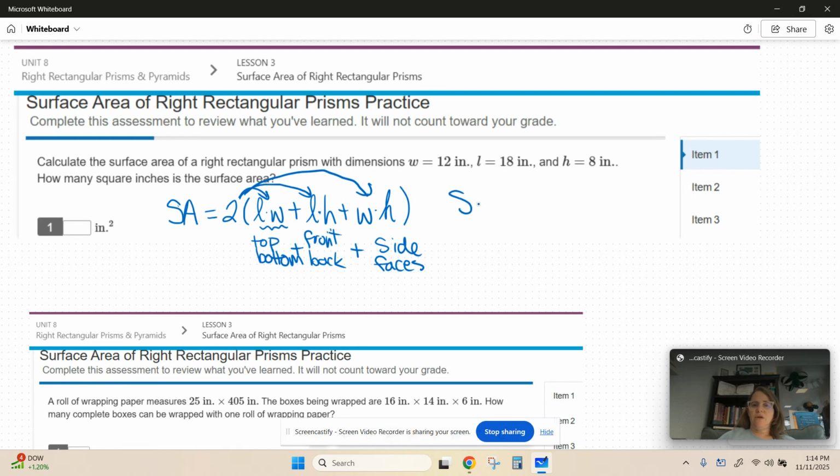And if we're going to use it, what we're going to do is substitute in the length, the width, and the height. So 2 times length times width would be 18 times 12. And then length times height would be 18 times 8. And then width times height would be 12 times 8.